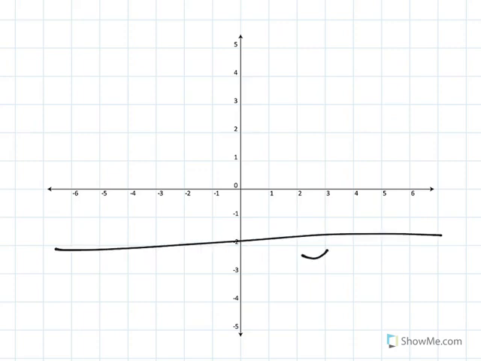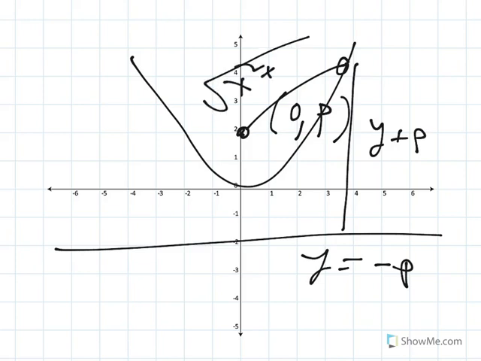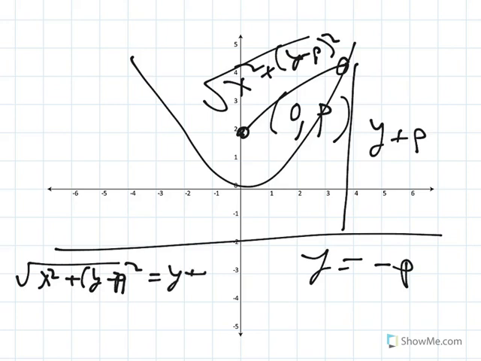If I make this line y equals just generic, y equals negative p, and the focus at (0, p), and I do this process, this is y plus p, this is the square root of x squared plus (y minus p) squared, and we get the equation square root of x squared plus (y minus p) squared equals y plus p.